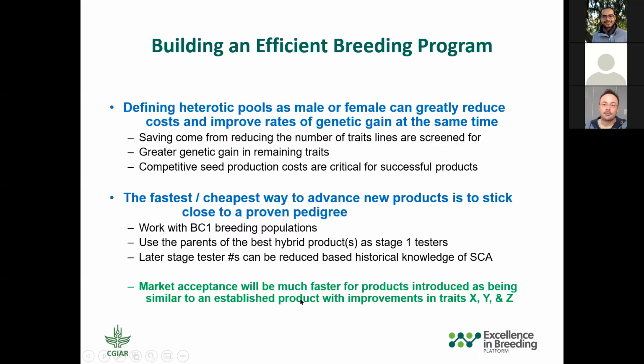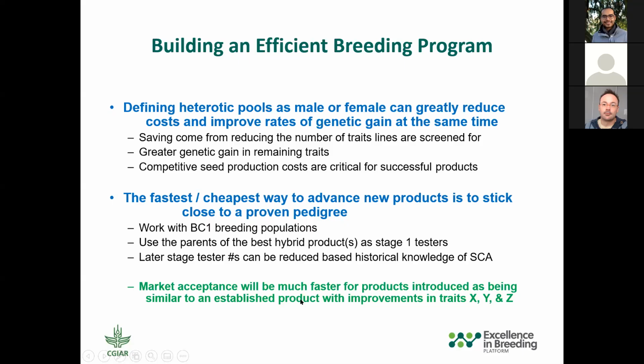Going on a little further on how to make the breeding programs more efficient, I suggest that, although this is sometimes not done, the heterotic pools need to be divided as male or female, because this can reduce cost and improve rates of genetic gain at the same time.